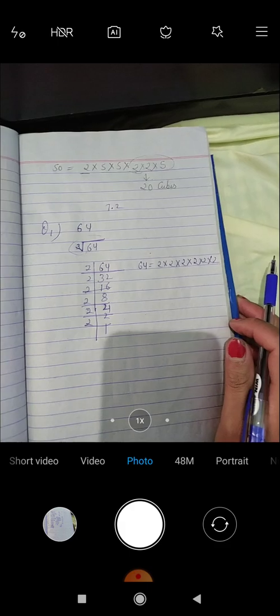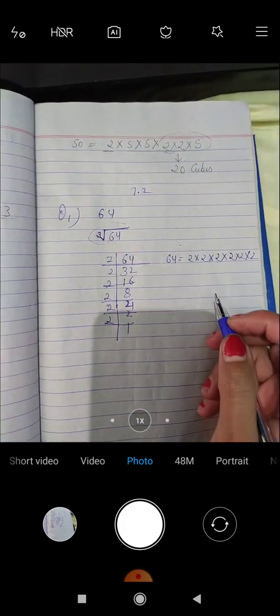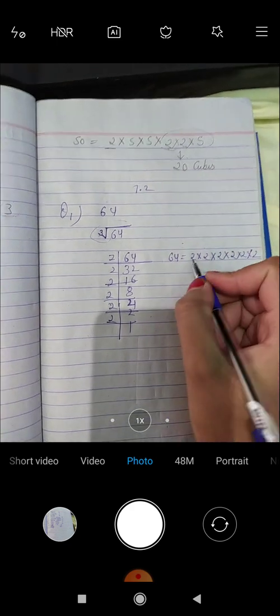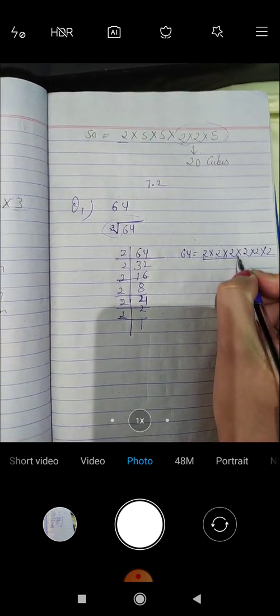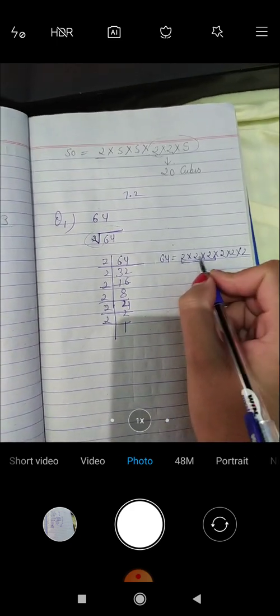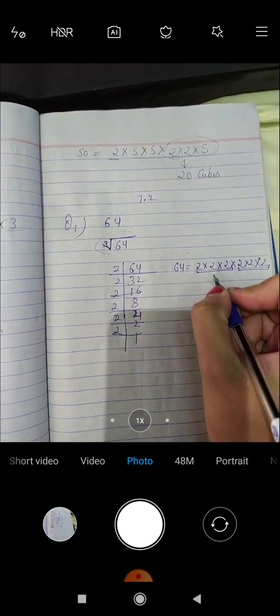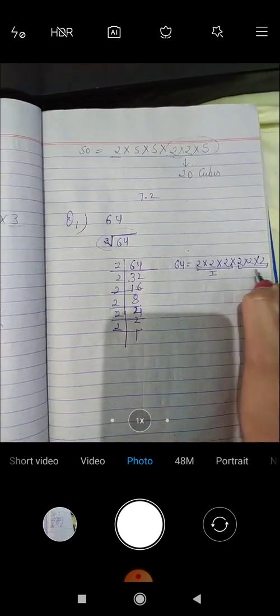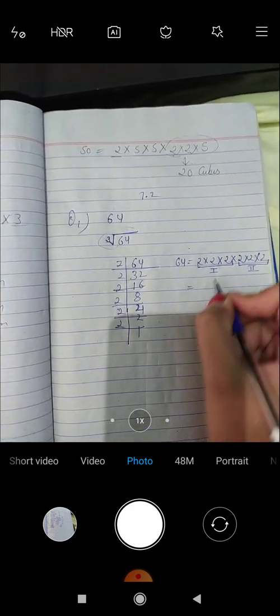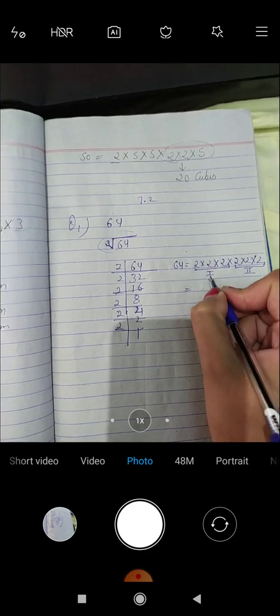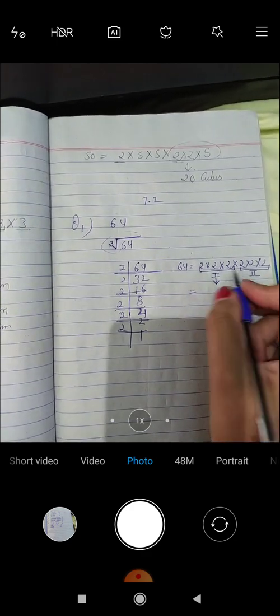Our next step is making groups out of this factorization, and we take three similar numbers at a time. So our first group is 2 multiply by 2 multiply by 2, and our second group is 2 multiply by 2 multiply by 2. In the next step we take out one number from each group.